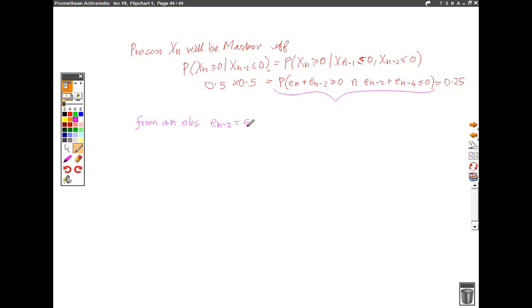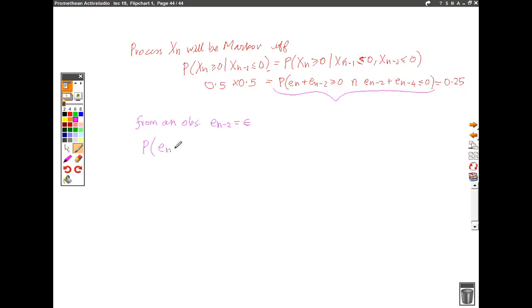So I'm saying that my En minus 2 has taken some particular value, which is this E. And now if I have to figure out the chance of this happening, how can I rewrite this in terms of E? So what I will have to do first is rearrange this whole thing into something which makes it more plausible for me to figure out the probability.